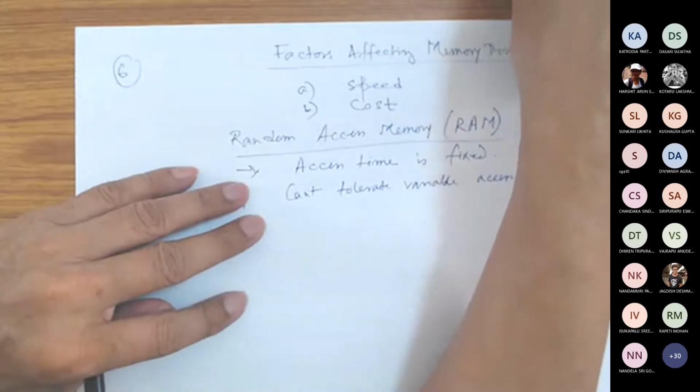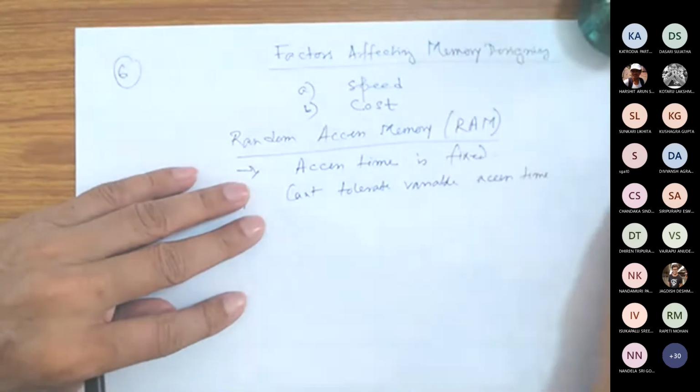If you look into the access time of your typical primary memory, do you have any idea what the order of access time is?